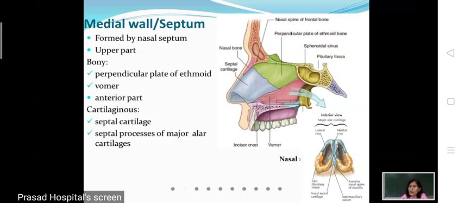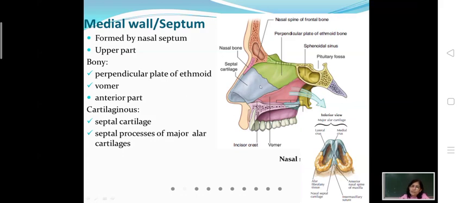Between the columella and the septum proper, a little part of the septum is formed by skin only, double-layered skin, which is called the membranous septum. So the septum is formed by these two bones and two cartilages.